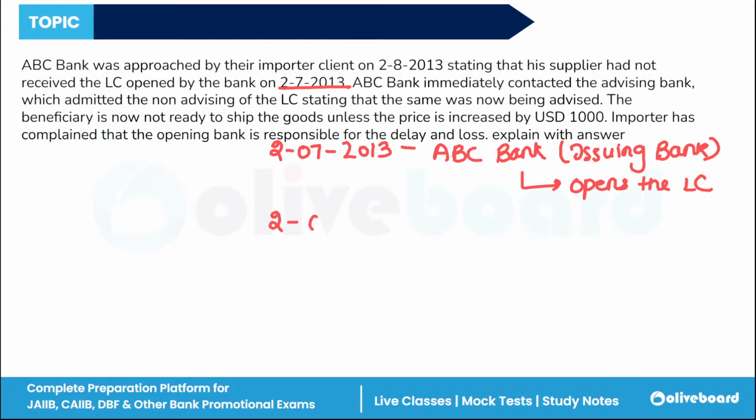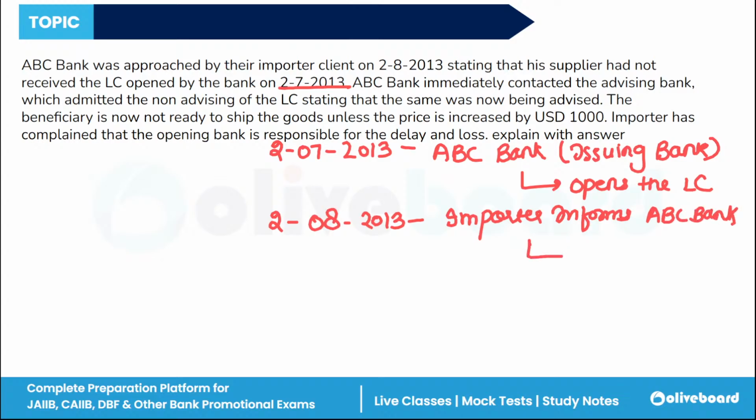Then next month, the importer informs ABC Bank that the supplier has not received the LC.